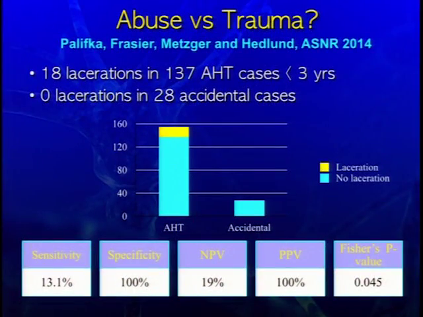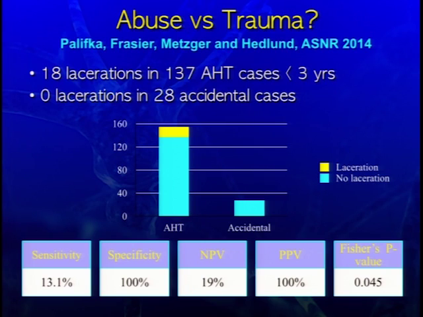Now, this is an abstract that was presented by Gary and his team at ASNR in 2014, and I understand now that it's in press. These contusional tears, as they're called, or lacerations, are much more commonly seen in abusive head trauma.